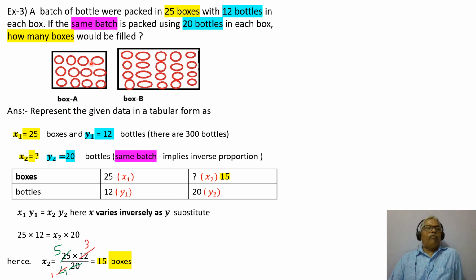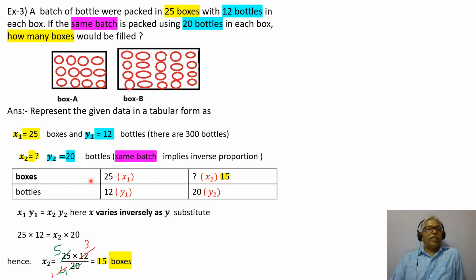Here we have to find out boxes, so x2 we have to find out, and y2 is 20. A same batch implies inverse proportion. Prepare a table of this type. Not always do we have to find something like y1 or y2. Here x2 has to be determined.